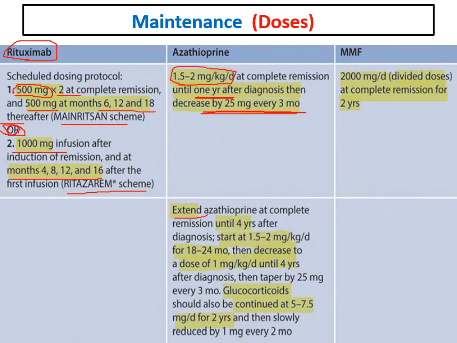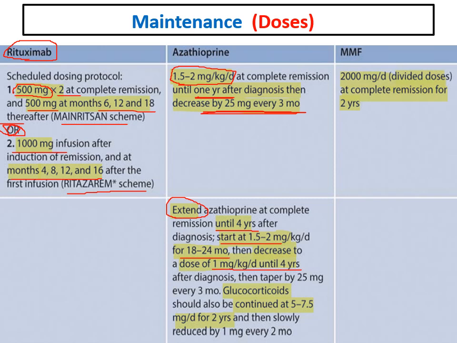We can extend the duration of azathioprine in maintenance up to 4 years. If we decided to give it for 4 years, the starting dose will be 1.5 to 2 milligram per kg per day, and we should continue that dose not for 1 year but for 1.5 to 2 years, and then decrease that dose by 1 milligram per kg per day until 4 years.